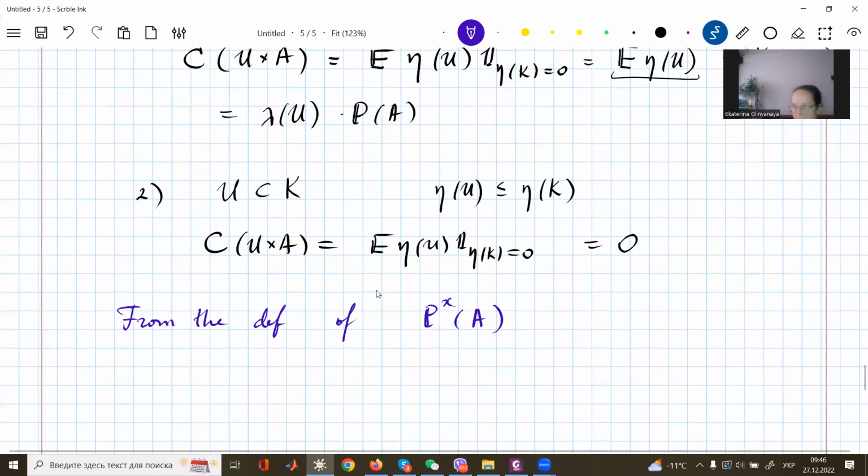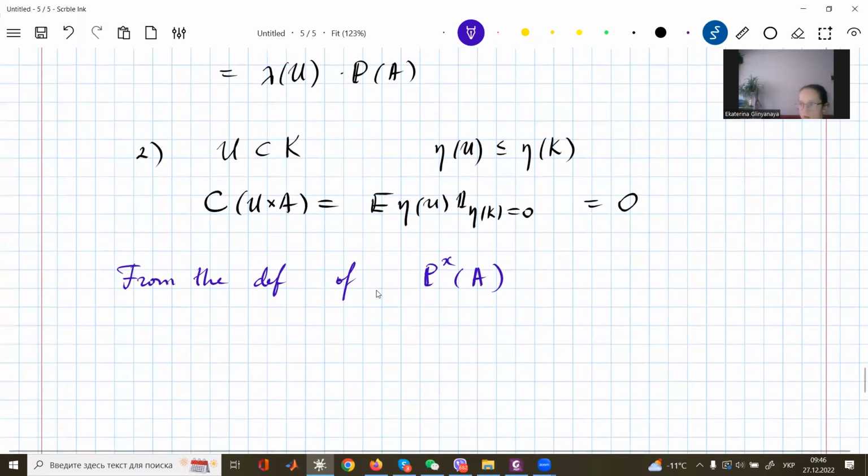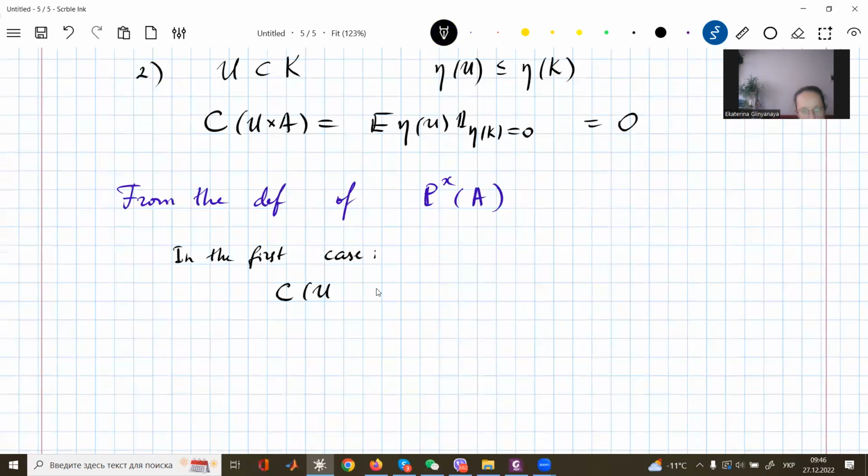So let us come back here, and I write in the first case, C of U times A. This is, by the definition, the integral over subset U of the probability P_x of A, lambda dx.